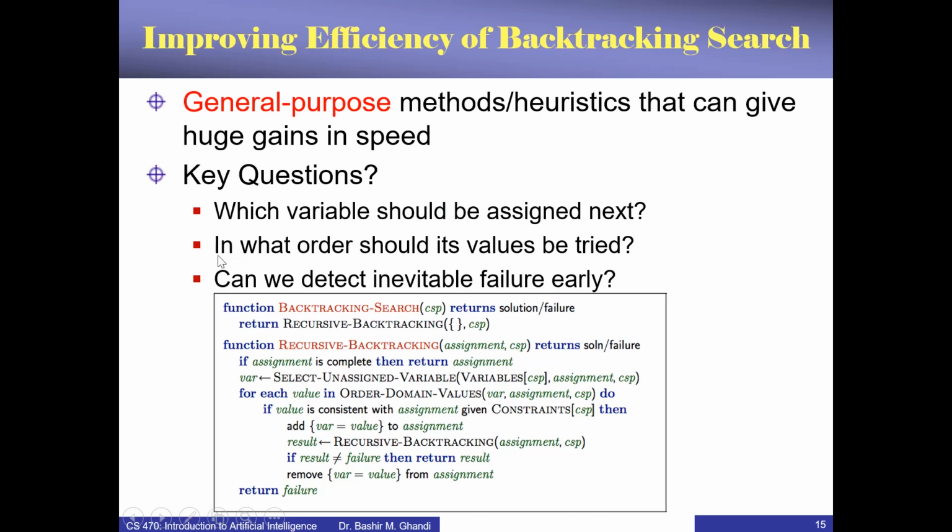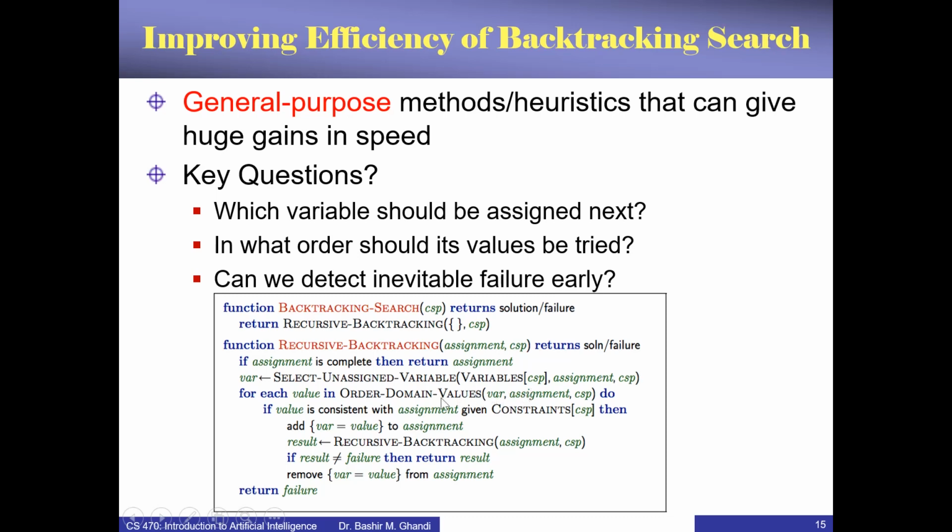The second question is, in what order should its values be tried? Again, if you look at this algorithm, there is a method which will give us the next value to assign to the variable, which is called order domain values. At the moment, it is given the values just in the order they are listed in the problem: red, then blue, then green.